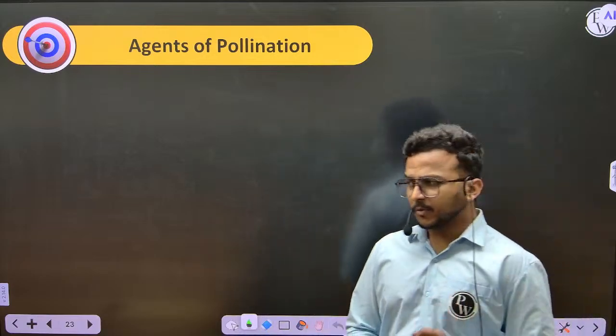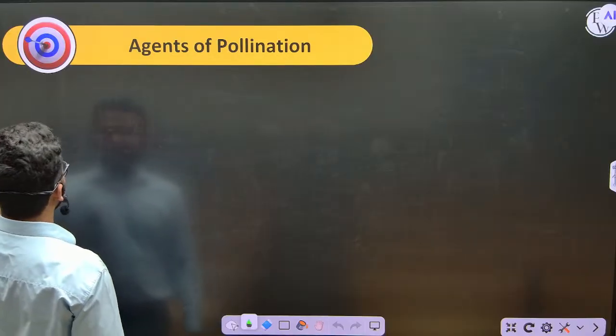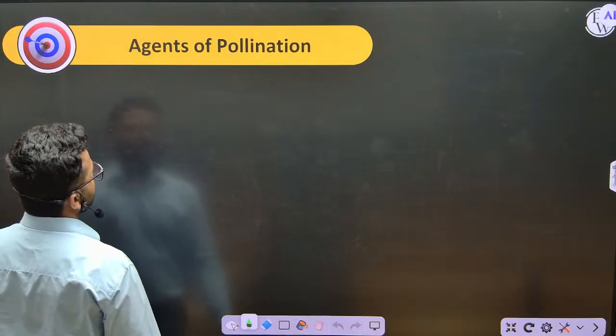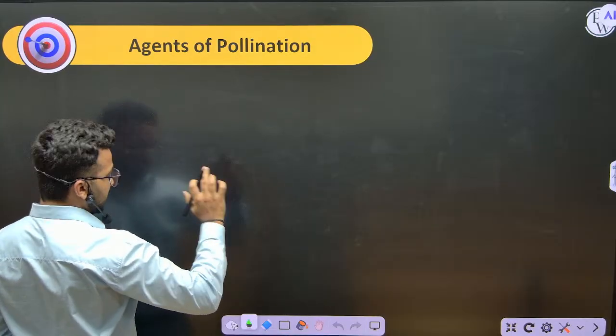So to bring about pollination, some agents are required. We call them agents of pollination. They are mainly of two types.